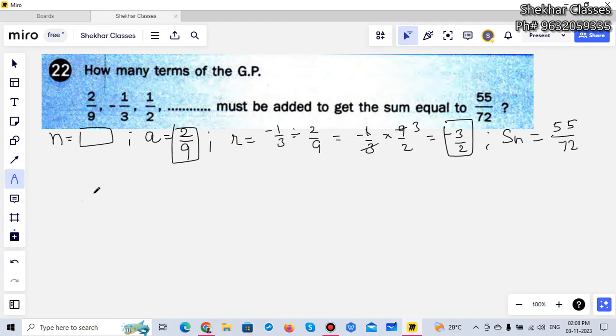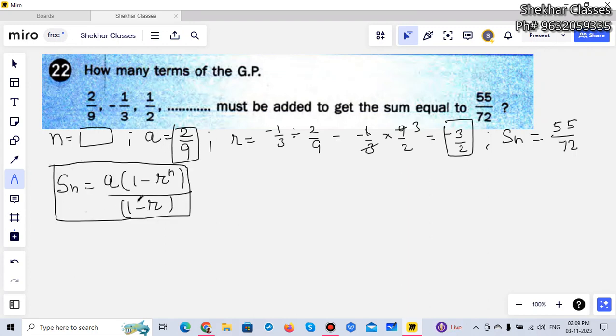And once we use the formula here, write down the formula first and substitute the values accordingly, and we can calculate for n in it. See, this is the formula that we have for it. So we will substitute the values.